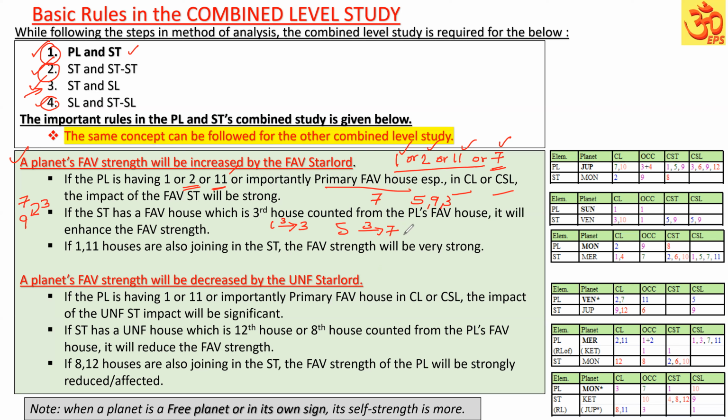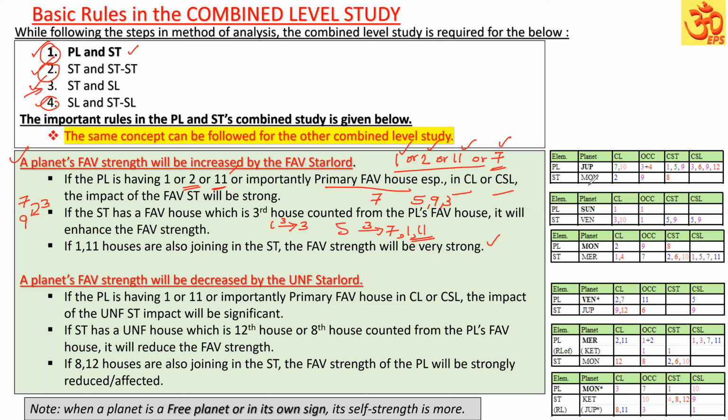Suppose the star lord is having, apart from the third house from the planet's favorable house, also Lagna and 11th house. Of course, having the second house is also important, good only. But still, 1 and 11, if it is indicated by the star lord, then the favorable strength of the particular planet will be very strong. I hope you have understood.